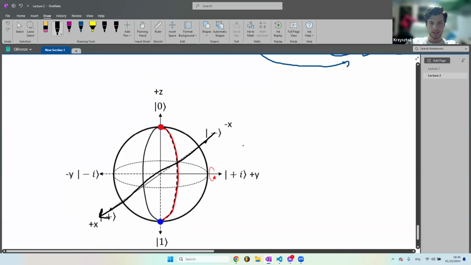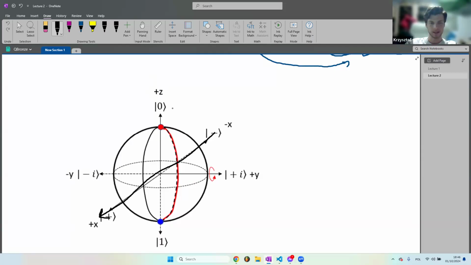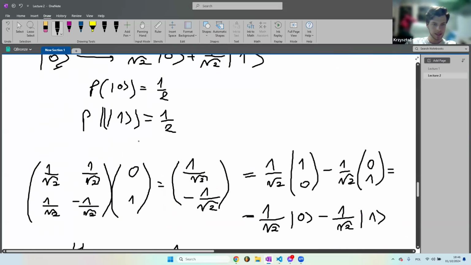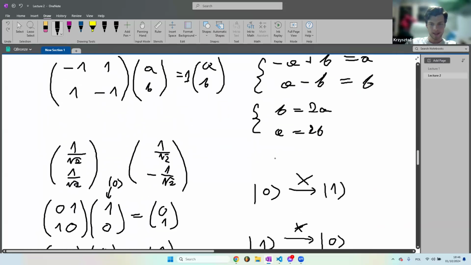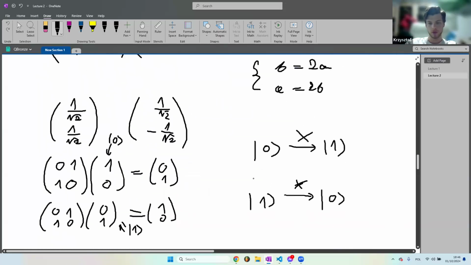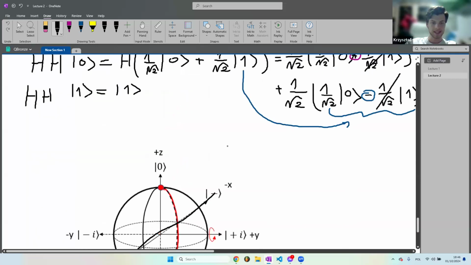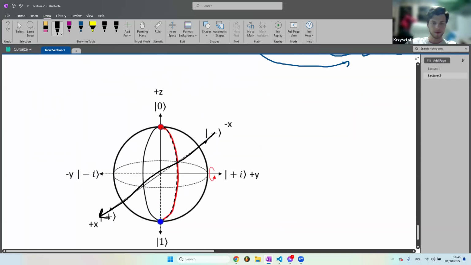The X gate is a rotation about the x-axis. You can see here that 0 transforms to 1 and 1 transforms to 0. This is exactly what happens: after a rotation of 180 degrees of the Bloch sphere, the 0 ends up in 1.